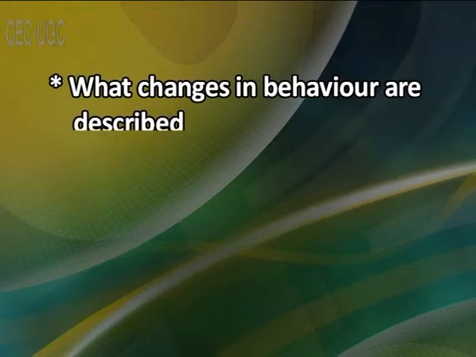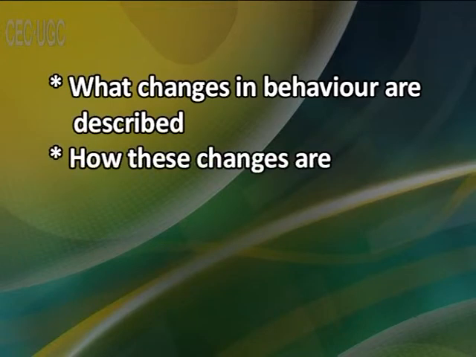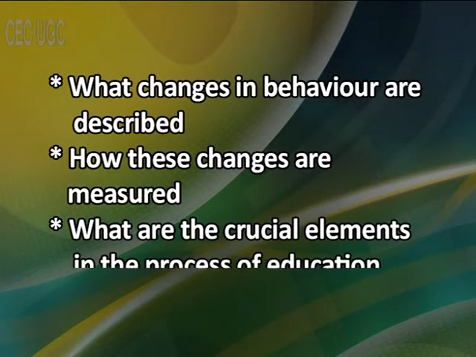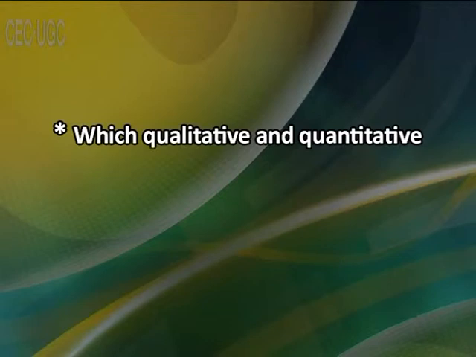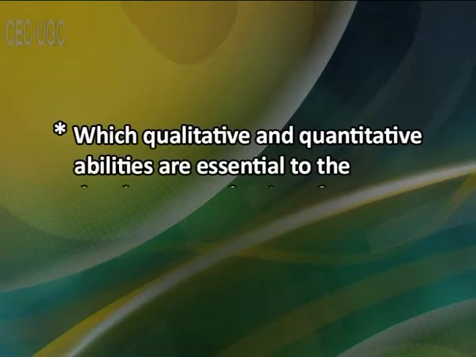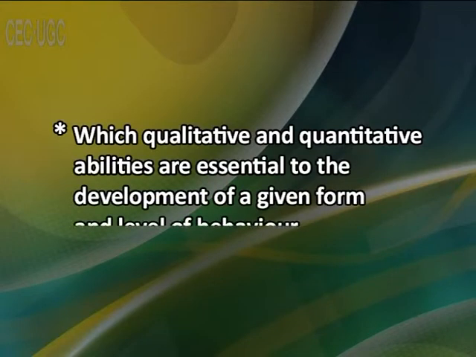Some of the purposes are to make possible more accurate predictions and control in the educational process. The important questions are: what changes in behavior are described? How are these changes measured? What are the crucial elements in the process of education? Which qualitative and quantitative abilities are essential to the development of a given form and level of behavior?